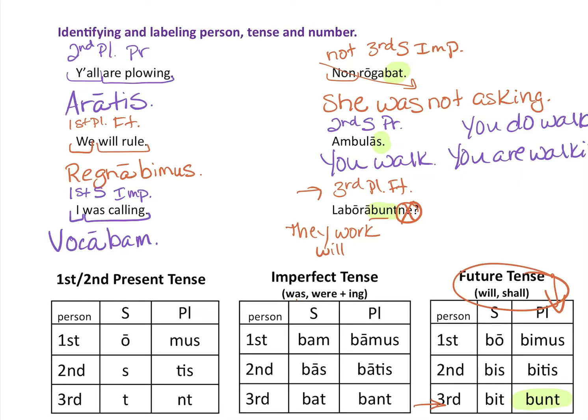In English, we always start a question either with a question word like how, when, where, why, or we start it with a helping verb. So in order to turn "they will work" into a question, we need to put the helping verb first. So it becomes "will they work?" And as I said, sometimes it's easier to make it a statement first and then rearrange the words to make it into a question.